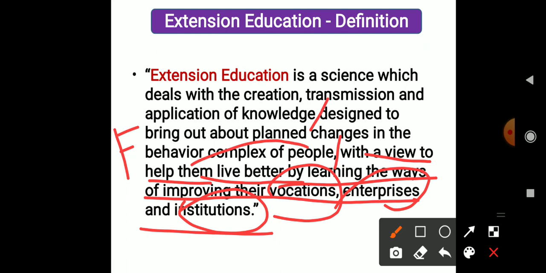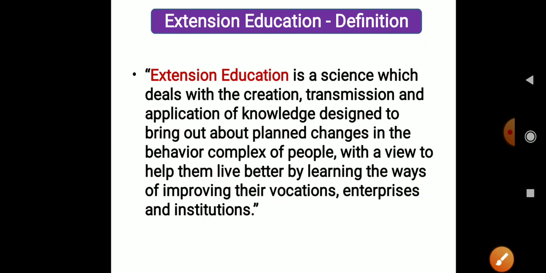Or if they are going to run an institute, self-help group, farmers group, whatever, we can refer to that as their institutions. If they are going to learn the ways, that means they are going to learn the technology of improving their occupations, then progress is possible and they are able to live better in a society.